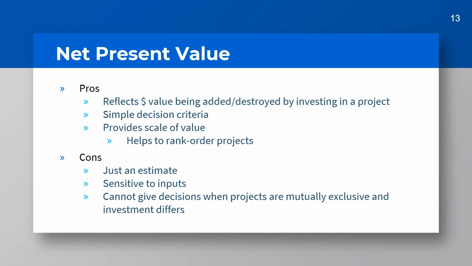It's also going to be sensitive to inputs, right? So as we saw when we were doing those examples with the free cash flow earlier tonight, we can have small changes in rates that lead to drastic changes in value, right? A 2 percentage point decrease in the WACC more than tripled the value of the project.